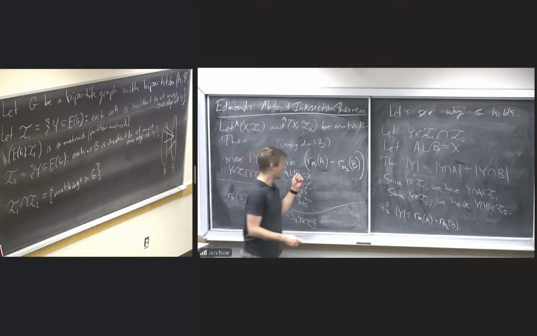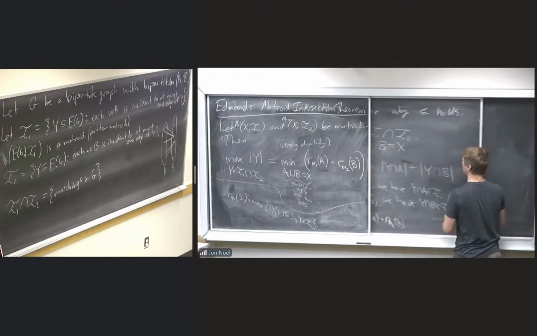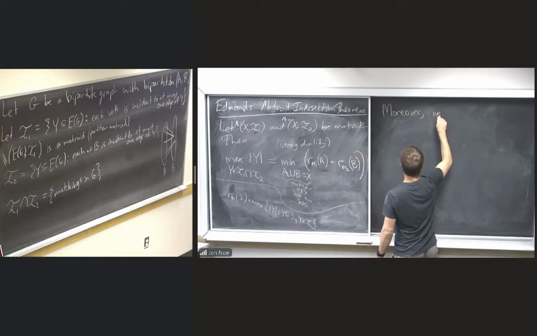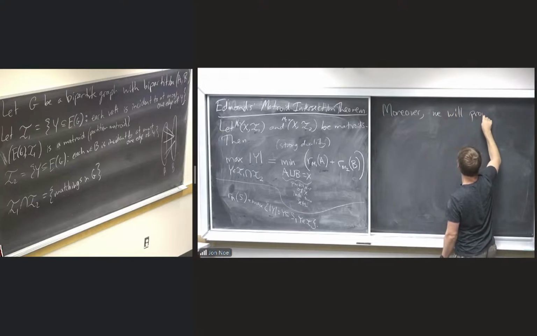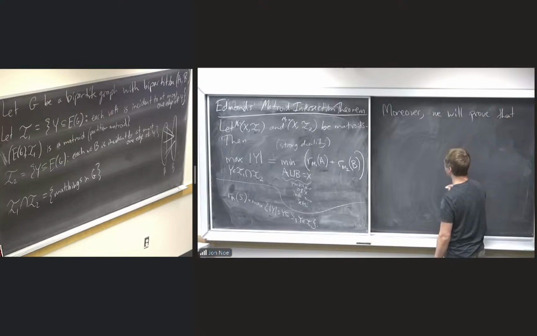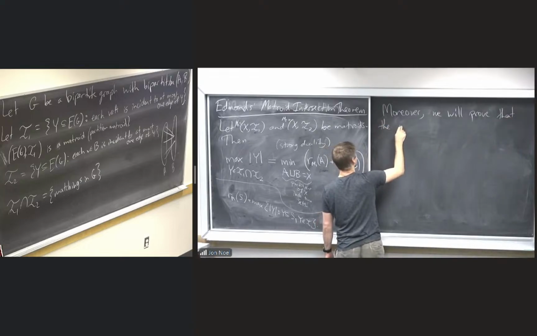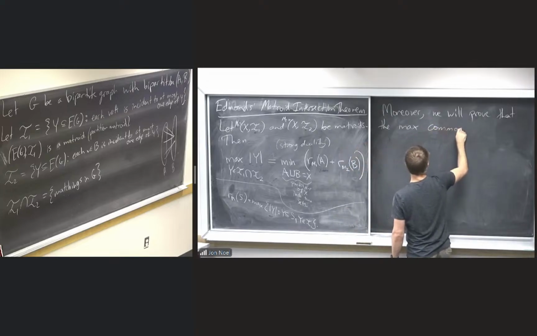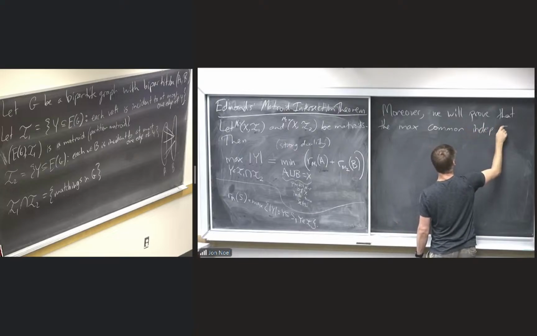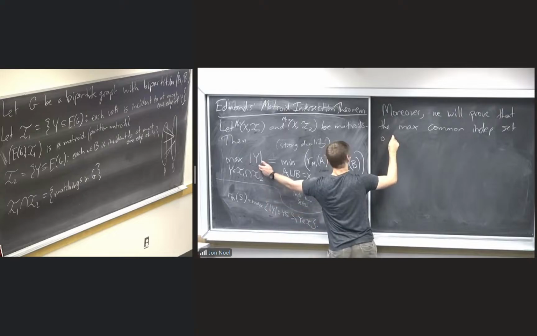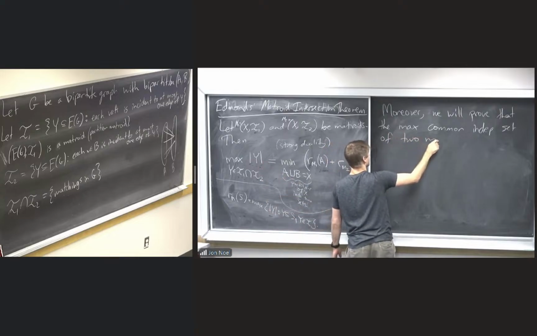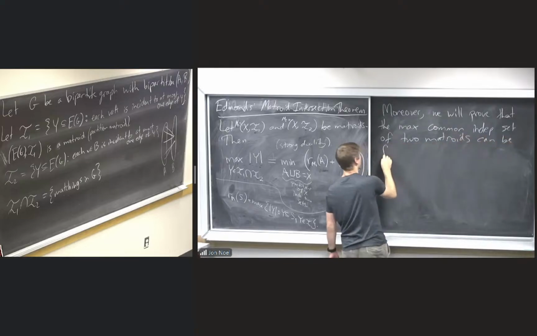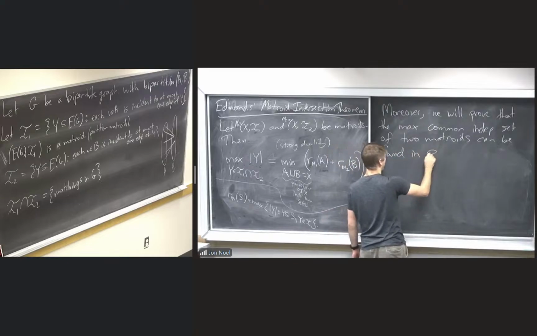Not only will we prove this theorem, but moreover, we will prove that the maximum common independent set of two matroids, so this quantity here, can be found in polynomial time.